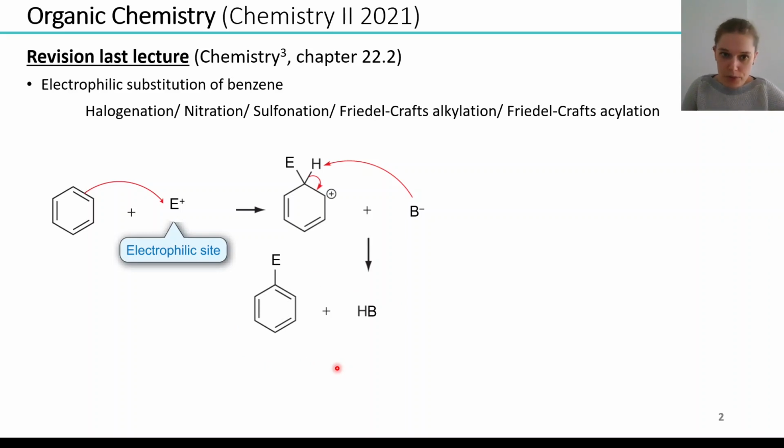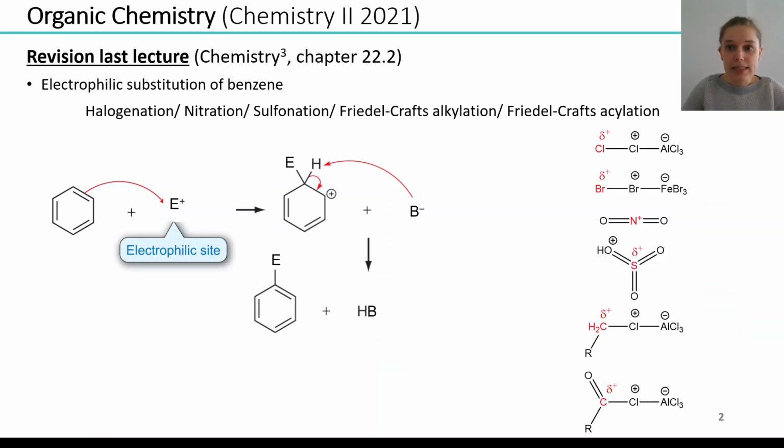And here on the right side, we can see an overview of the formed coordination complexes for the 5 important electrophilic substitution reactions of benzene. For the halogenation, the coordination complex results from the reaction of the halogen molecule with a Lewis acid, and this coordination complex is a stronger electrophile than the halogen molecule.